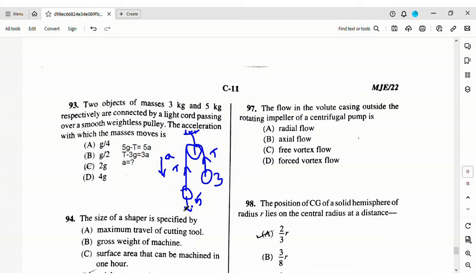Now the weight of the 5 kg mass is 5g and the 3 kg mass is 3g. So 5g minus T equals 5a. Similarly, T minus 3g equals 3a, because it is going upward, so T is greater than 3g. Equating both equations, we get a equals g by 4.